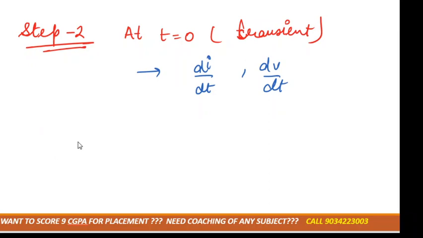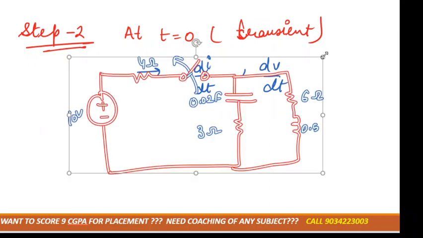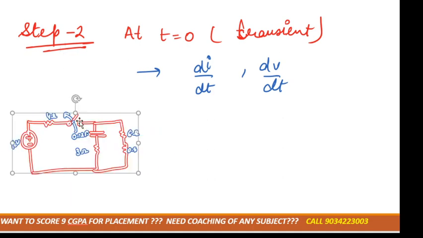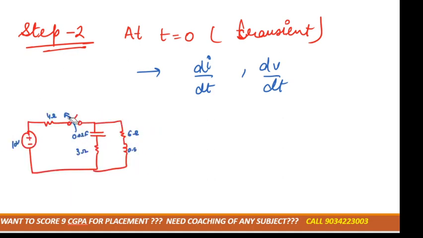If there is an open circuit, see, if there is open circuit means there is no role of this source, right? There is no role of this source. So the circuit will become like this, and as you can see that in this we have no source, so this will become a natural response, right?